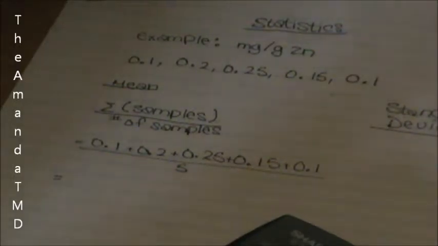Okay, so 0.1 plus 0.2 plus 0.25 plus 0.15 plus 0.1 will give me, if I hit equals, 0.8. That is the sum of my quantities of zinc from each sample. Then I divide it by 5, and I get 0.16 as my mean. And that's milligrams per gram zinc.